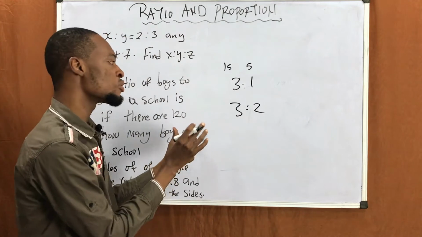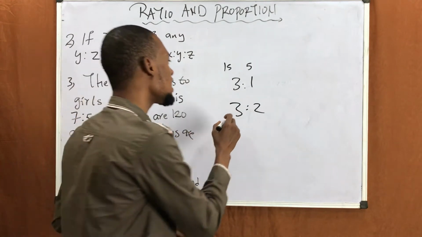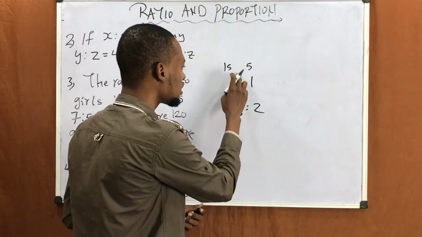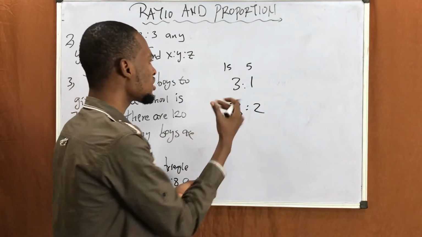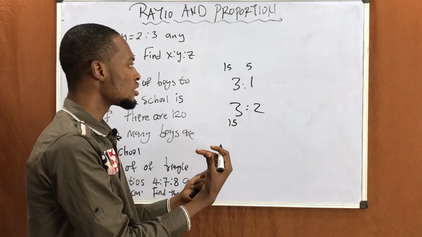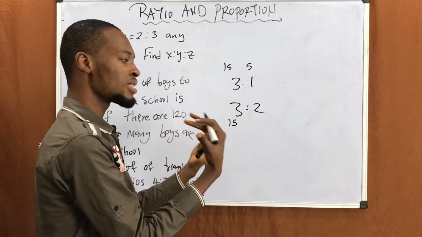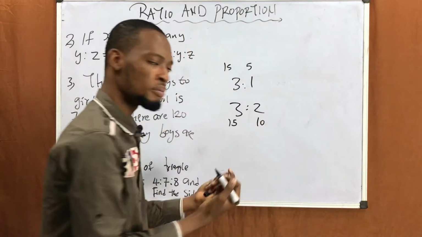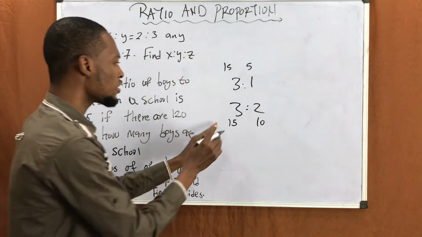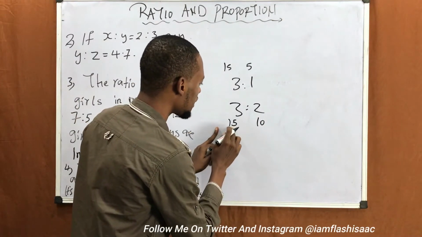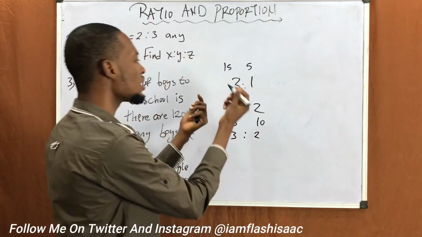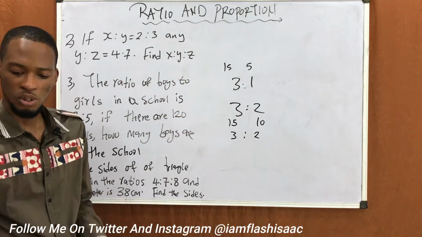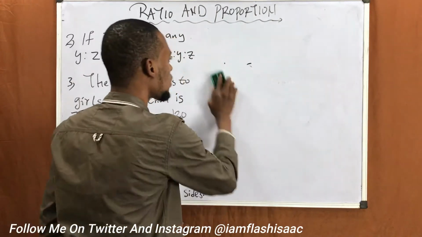So to make it 3:2, men is unaffected, the ratio remains 3, and from 1 to 2 is double. So that means we need to double the number of women. 5 plus 5 is 10. So we now have 10 women. So when you solve for this, 15 divided by 5 is 3, 10 divided by 5 is 2. So this will end up still giving you 3:2. So that is it for that question.